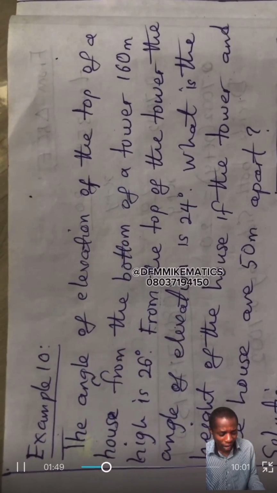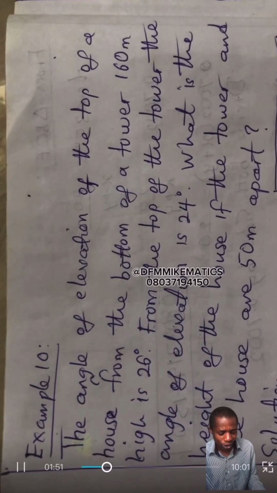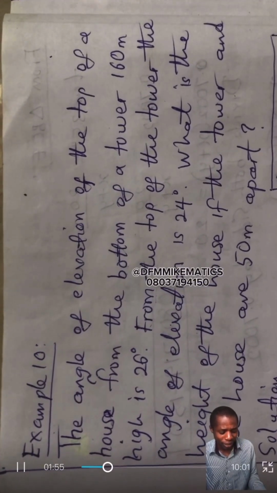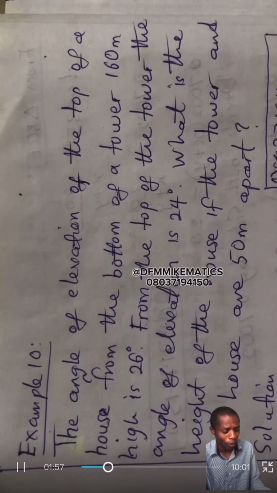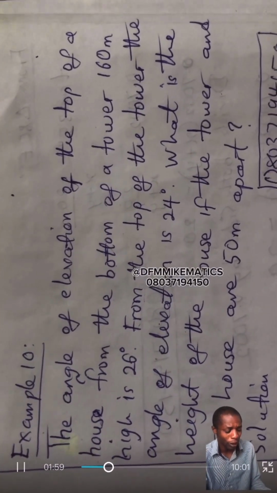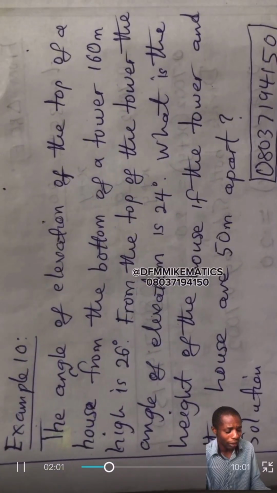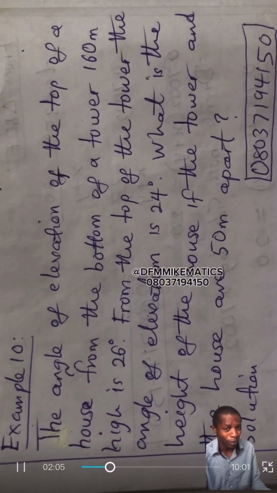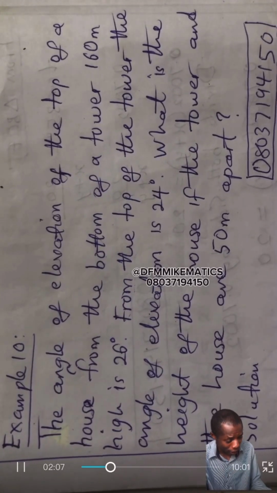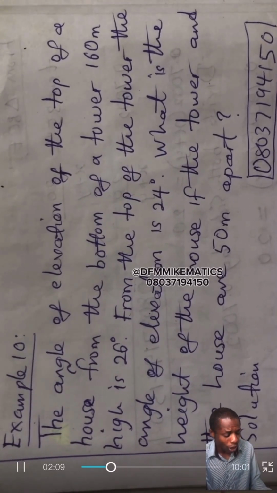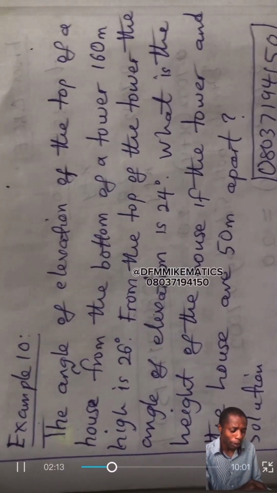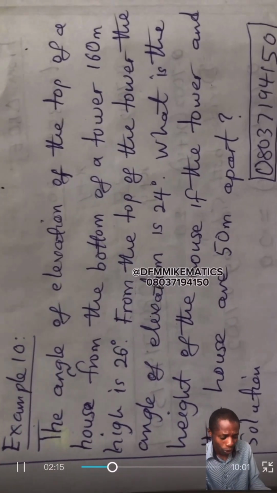What is the height of the house if the tower and the house are 50 meters apart? When you come across a question like this, we are talking about tower and house. At times, the house can be taller than the tower, and at times the tower can be taller than the house. So it depends on what you have in the question.